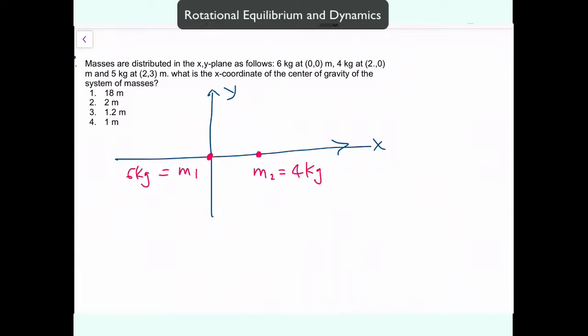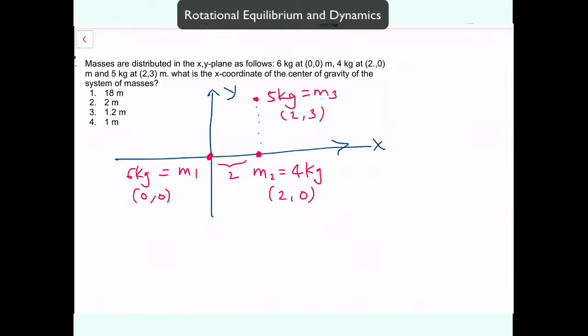So this distance is 2, that means this is at 2, 0, and this is at 0, 0. Then the third mass is 5 kilograms at 2, 3, 2 in the x, along this line, and 3 in the y. You can call this M3, and it's acting at 2, 3.